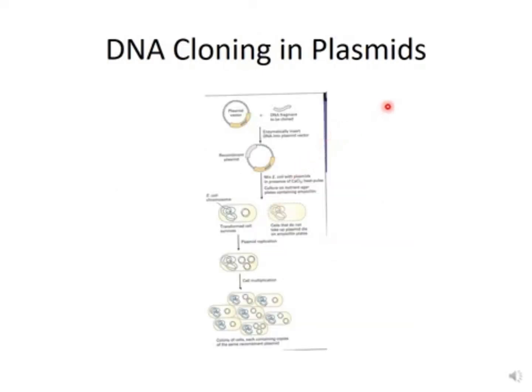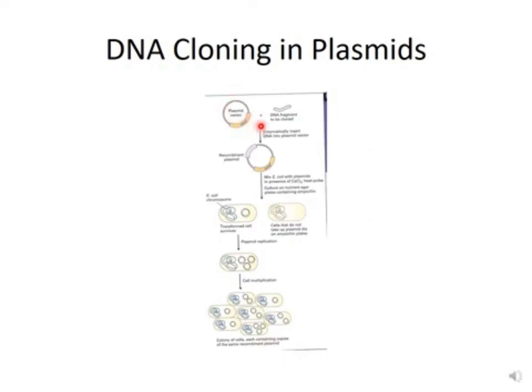So this is the full process of replicating a DNA fragment of interest in an E. coli cell. As we mentioned, we have a DNA fragment to be cloned, and we have the plasmid vector with its polylinker and its resistance mechanism.